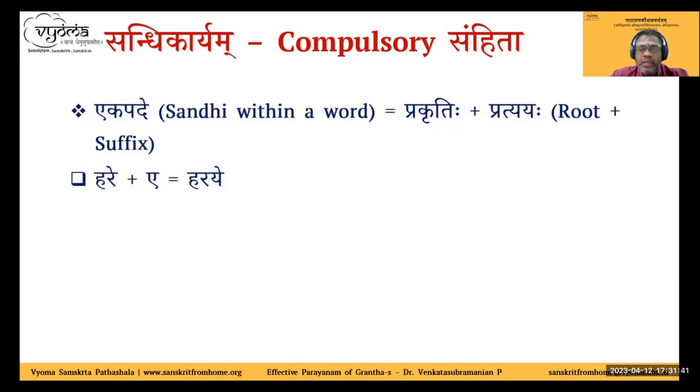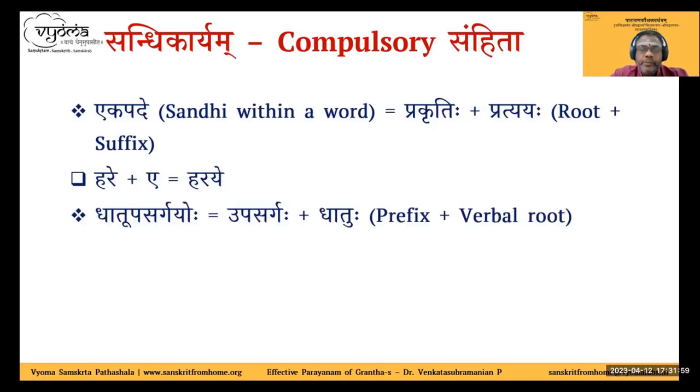You see that in ekapada, this is a single word, and inside that, the derivation of the word is from hari to haraye. So it became hare plus ye, haraye. Dhatu upasargayo, this is a very good example.